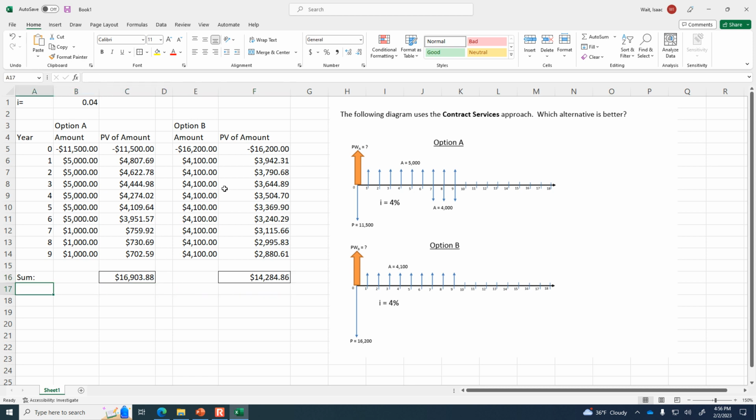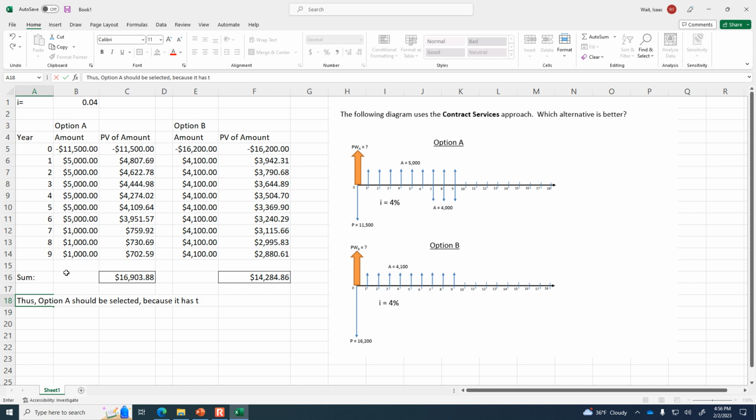If the question was, which alternative is better, we haven't yet answered that question. To be a complete answer, you don't leave it to the grader to interpret your work. You interpret your work. So we'd write a statement here, thus option A should be selected. And then what's our decision criteria?